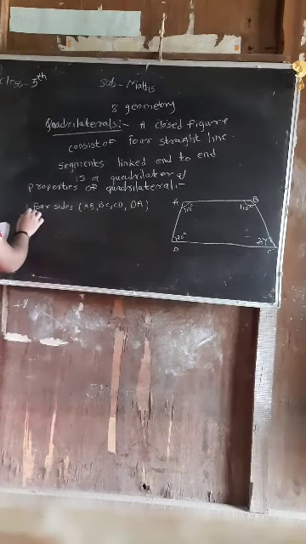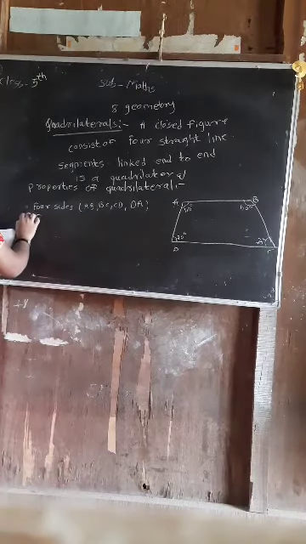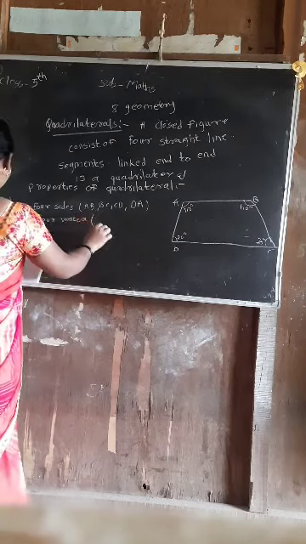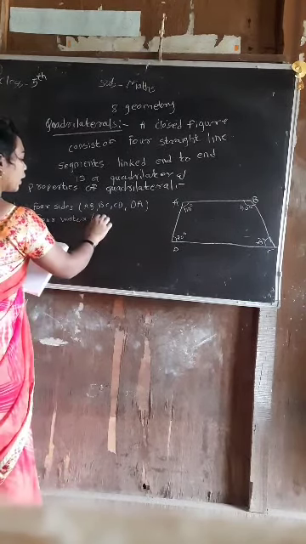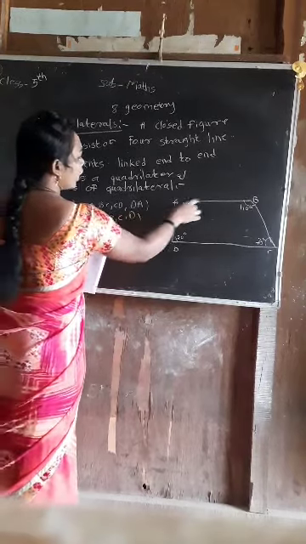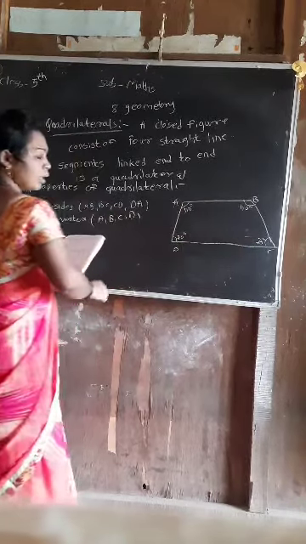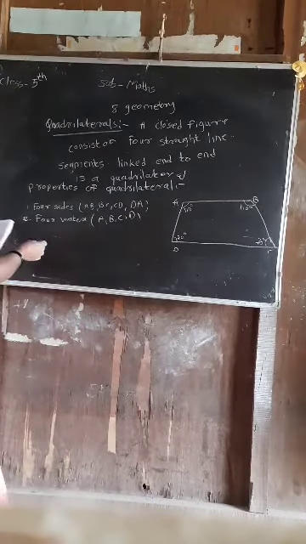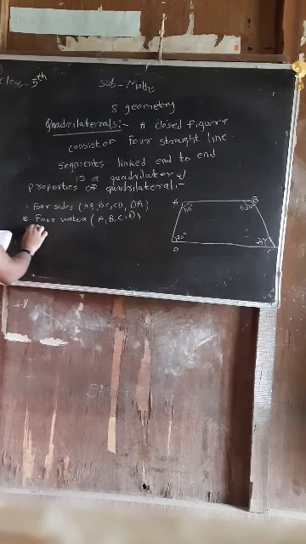Second property is four vertices. That is A, B, C and D. These are the four vertices of a quadrilateral. Next, the third property is four angles.